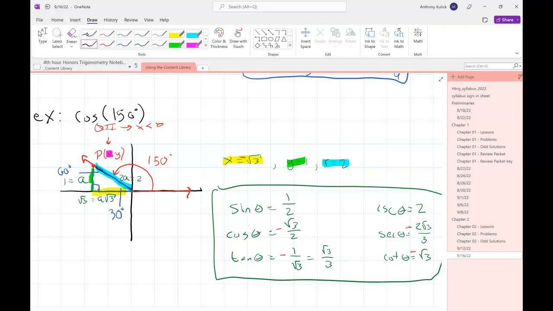Well, we don't want to use 0, 0 because that's not technically on the terminal side. It's at the vertex. It's not on that arm of the triangle. So the way we're going to pick it is so that the distance from P to the origin is always the same. What do you suppose we're going to pick that distance to be? 1.